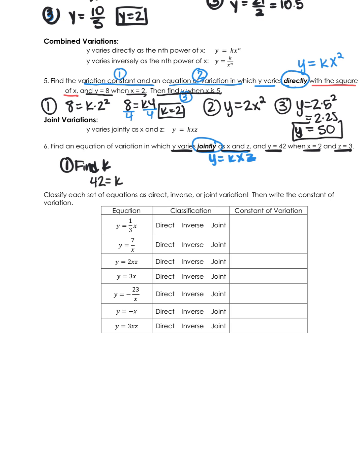We're trying to find k, so leave k. 2 times 3. So we'll multiply 2 times 3, and we'll have 42 is equal to k times 6. And then we'll divide both sides by 6. And we'll get k is equal to 7. So here our constant of variation is 7. So our equation will be y is equal to 7xz.